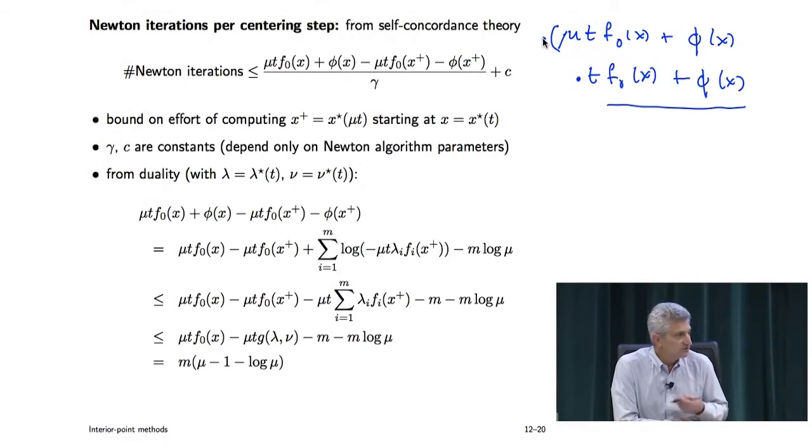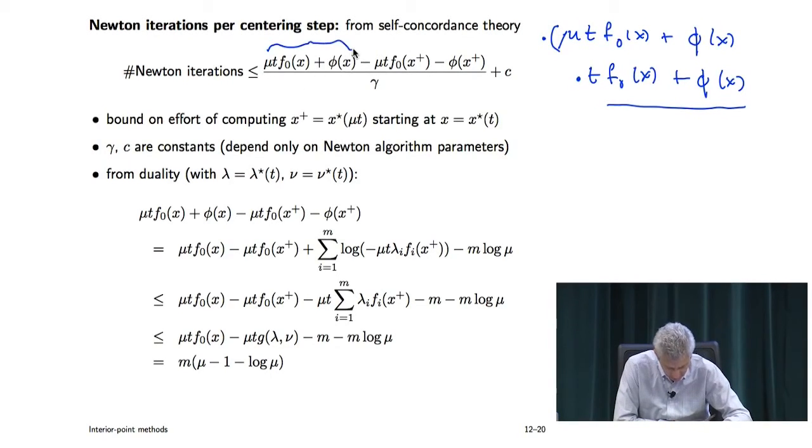And the complexity analysis of Newton's method via self-concordance tells you that the number of steps is less than or equal to this. It's a constant times the starting value of this function, that's this here, minus the final value.